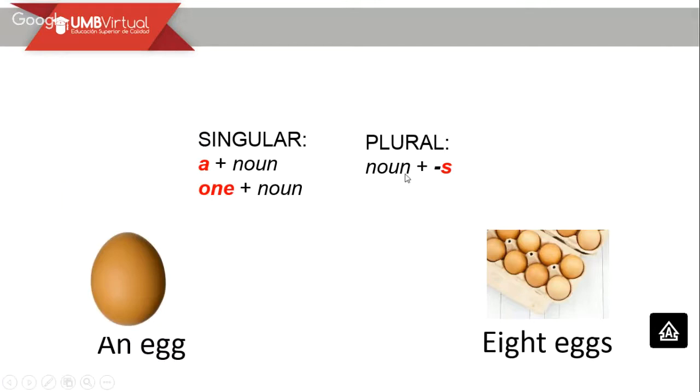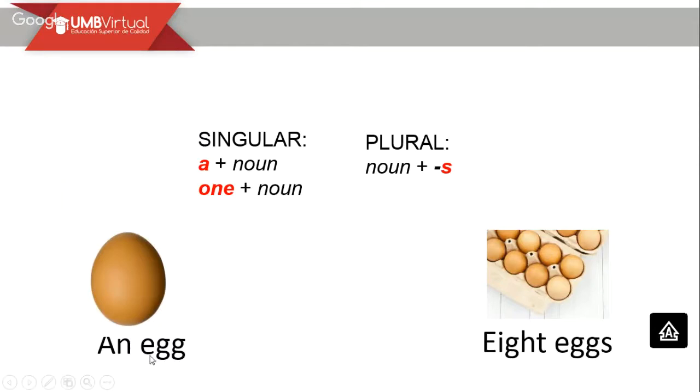And plural, noun plus s: 8 eggs. What's the difference? With singular nouns in English, we always have to put a or an before the noun, okay? With plural nouns, just add s, ies or es, depending on the grammar of each word.